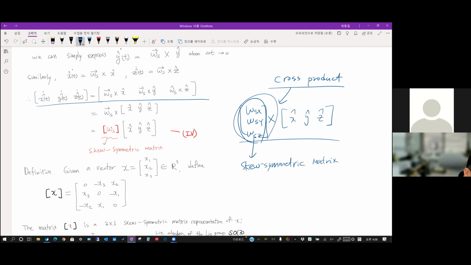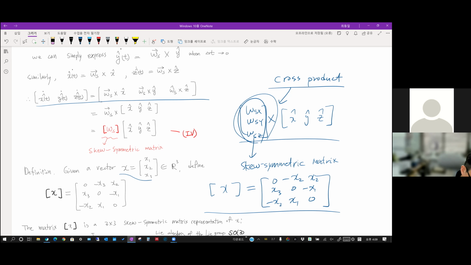Skew symmetric matrix means when there is a given vector x with components x1, x2, x3, the bracket of the x vector becomes like this. So we position 0, 0, 0 in here, and x1, x2, x3, x1, x2, x3, and minus, minus, minus. So this one is the skew symmetric matrix of the x vector.